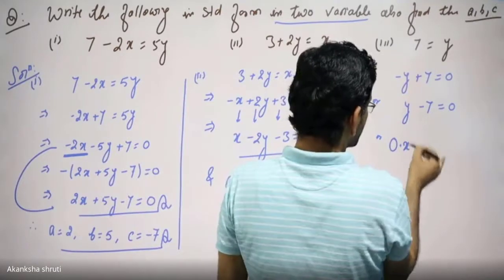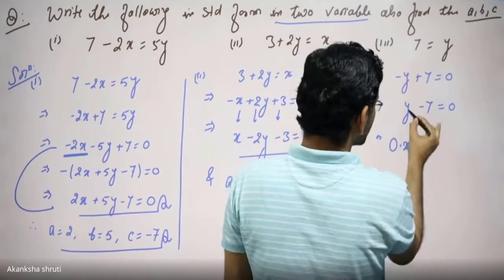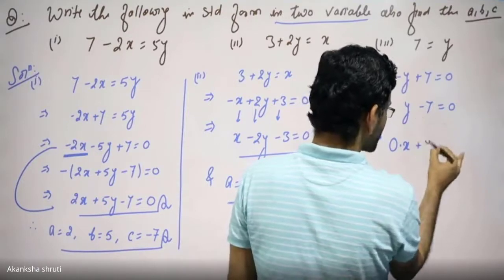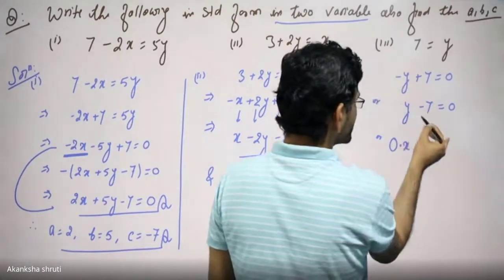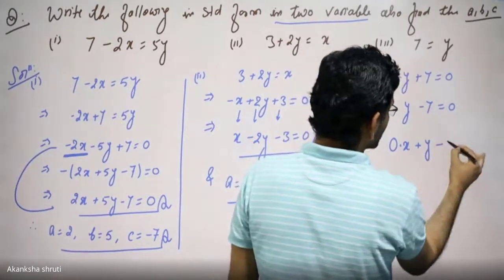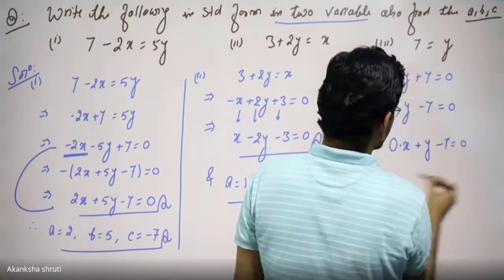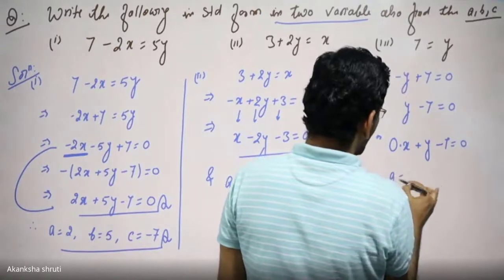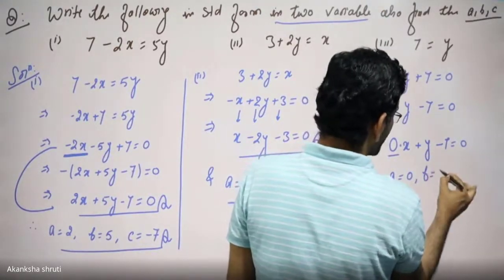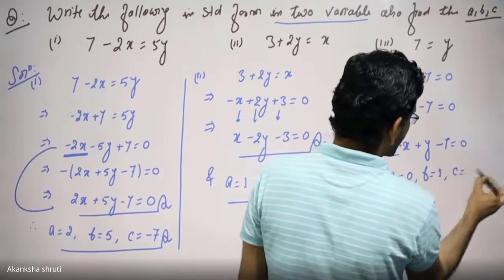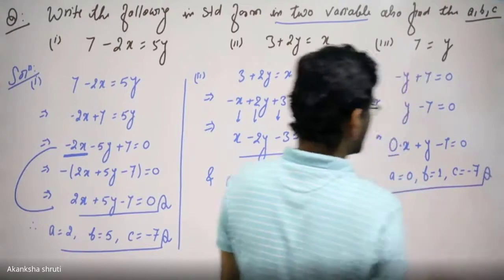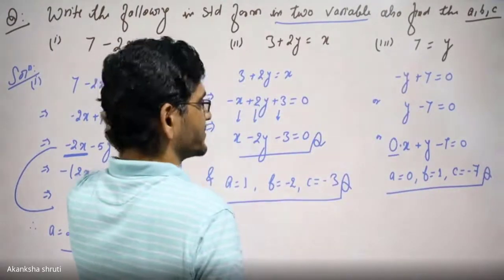So this 0x, another is this y, means 1 into y, simply written as y. We have made it positive by changing the sign. Then minus of 7 is equal to 0. So a is 0, b, the coefficient of y, is 1, and the constant term is minus of 7. Okay, students, this is the answer.